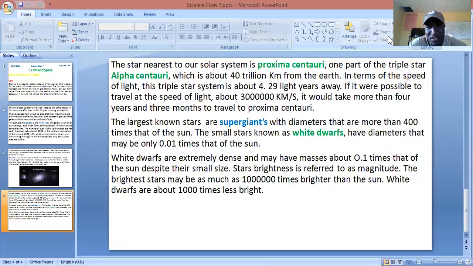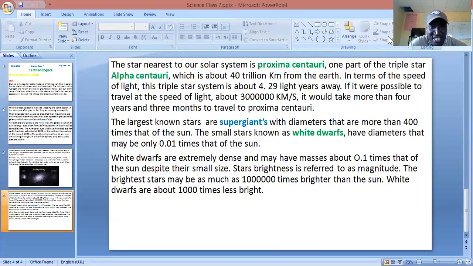If people could travel at the speed of light, about 300,000 kilometers per second, it would take more than 4 years and 3 months to travel to Proxima Centauri.